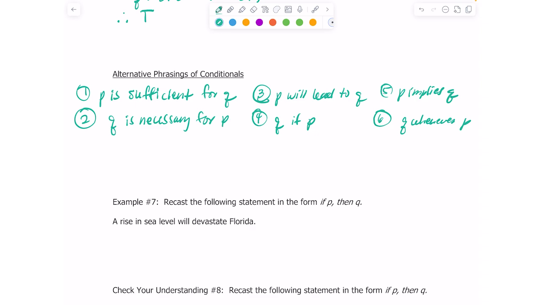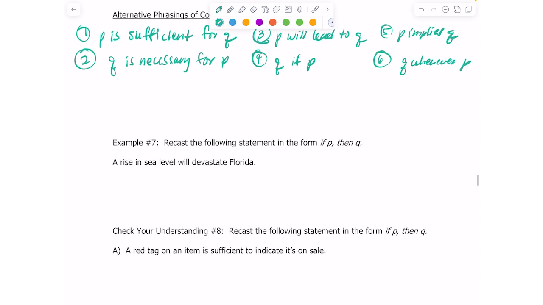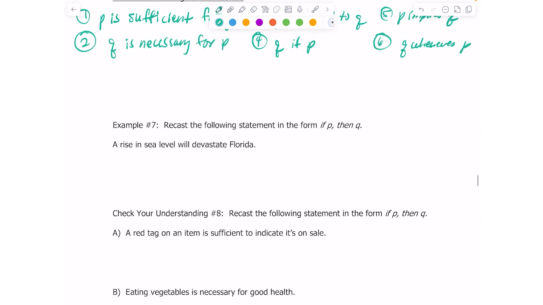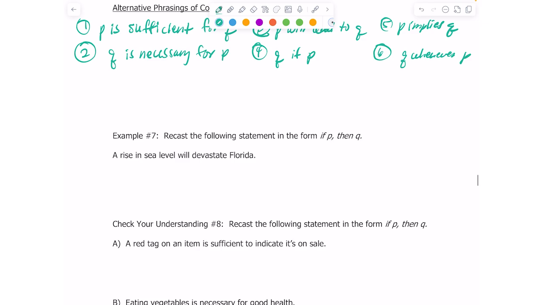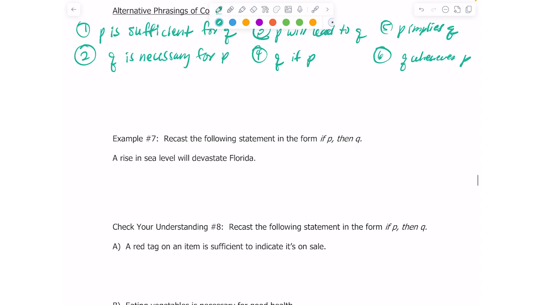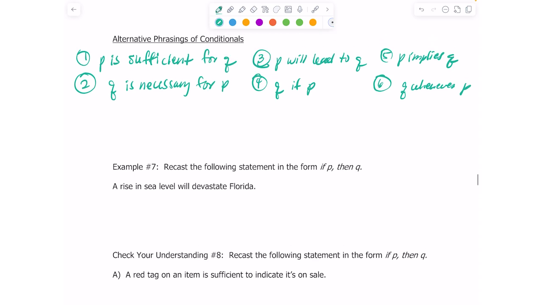We want to recast the following statement in the form if P then Q. Here's your statement: a rise in sea level will devastate Florida. If you take a look at the alternate phrasings, which one does it sound similar to? If you said P will lead to Q, you are correct. Here's P, a rise in sea level, and then will devastate Florida.